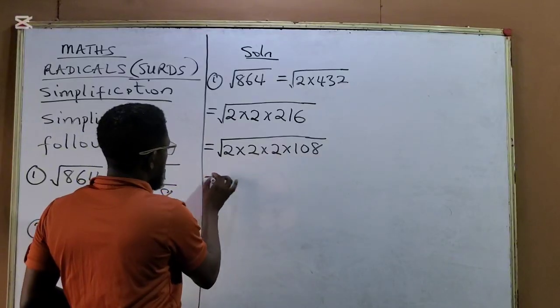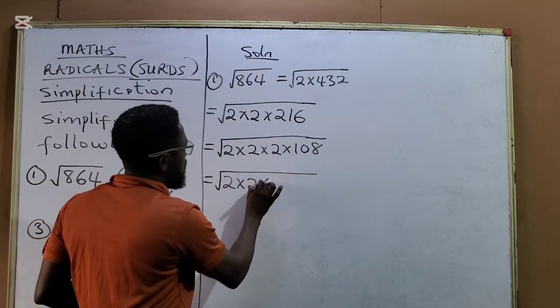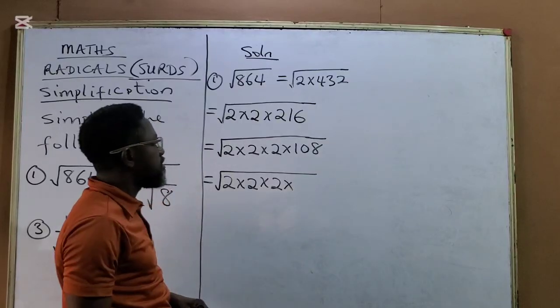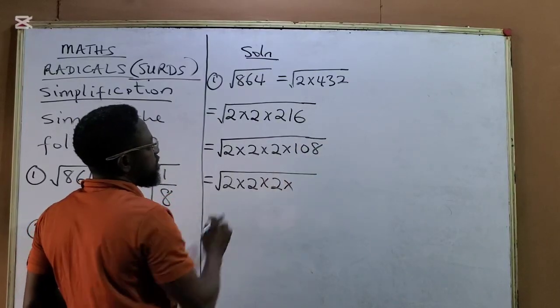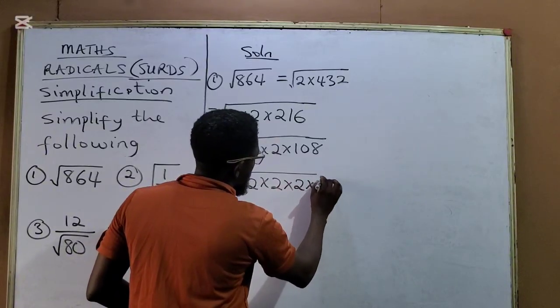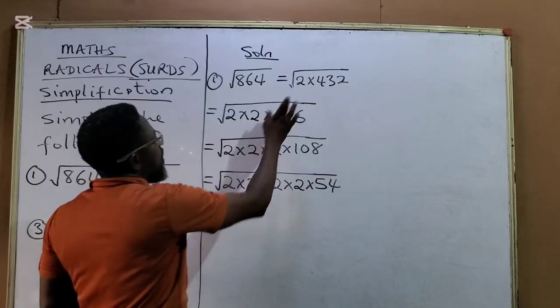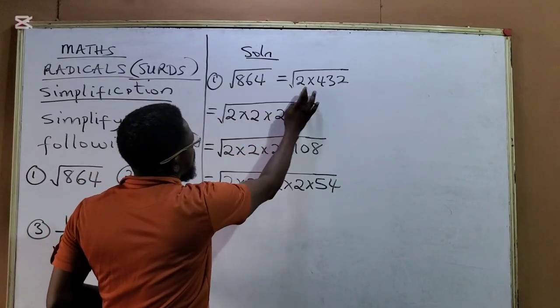We can split this again further. This gives 2 times 2 times 2 times 108, which is the same thing as 2 times 54. So the first one, 864, is 2 times this.